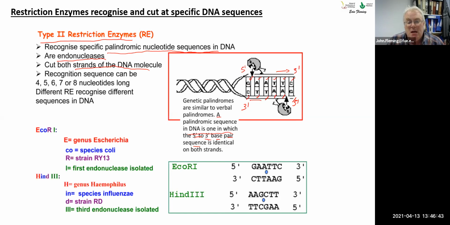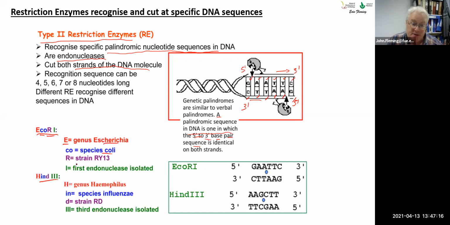So in terms of the restriction enzymes and their names, EcoR1 is an example of a restriction enzyme. HindIII is an example of a different restriction enzyme. The names are given to these enzymes in a fairly systematic manner, in that the E stands for Escherichia. The CO refers to coli, which is the species.